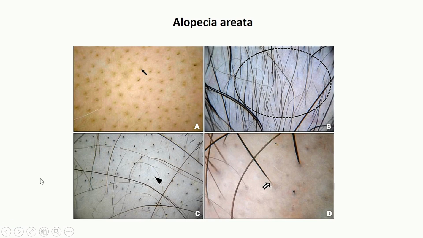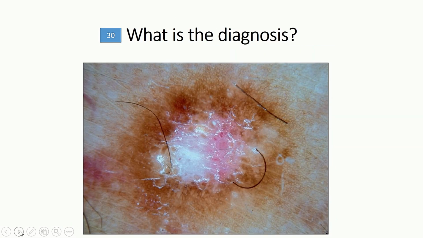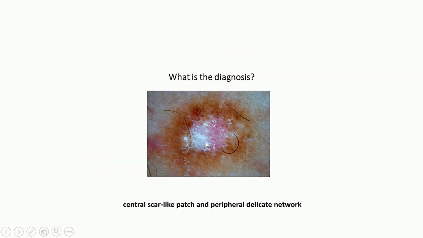And here is an overview of alopecia areata dermoscopy pattern: yellow dot, vellus hair here, black dot, and exclamation mark hair or tapering hair in proximal side. And what's the diagnosis? What you see here is a central scar-like patch with peripheral delicate network that is indicative of dermatofibroma.